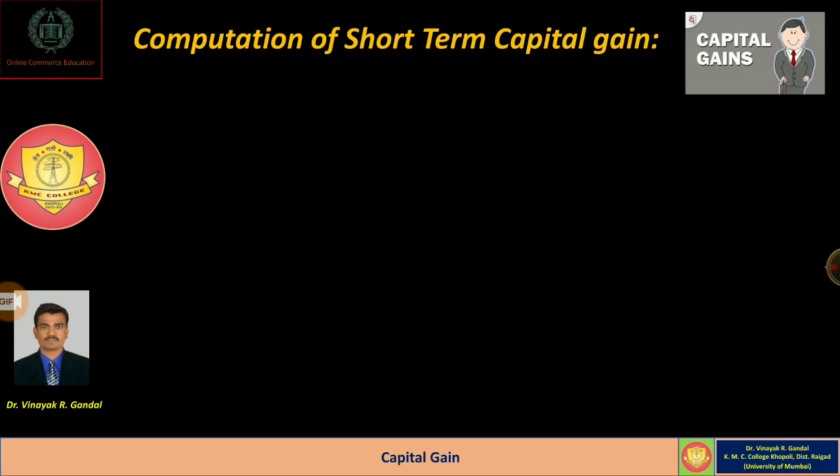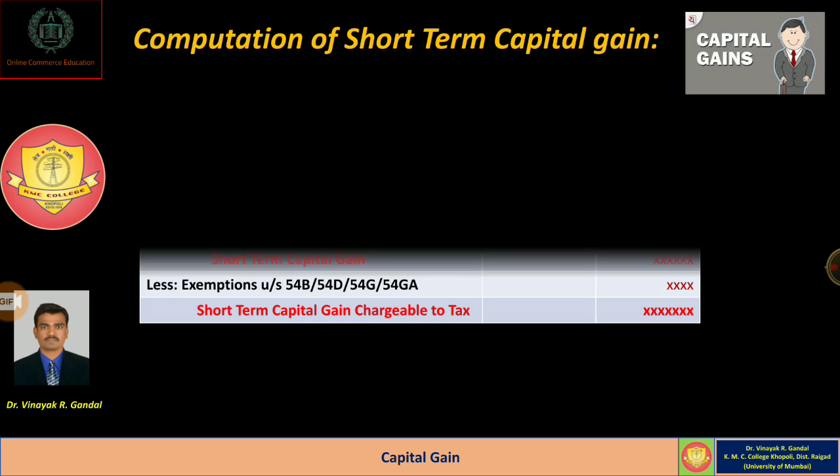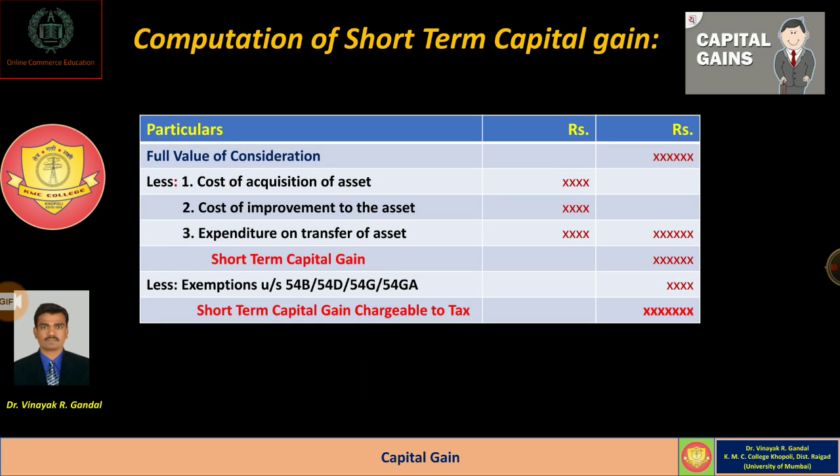So first of all, we have to see the simple chart for computation of short-term capital gain. First of all, we consider the full value of consideration, that is, sales proceeds from transfer of a short-term capital asset, and we deduct the cost of acquisition of the asset, cost of improvement to the asset, and any expenditure on transfer of the asset made on the date of transfer.